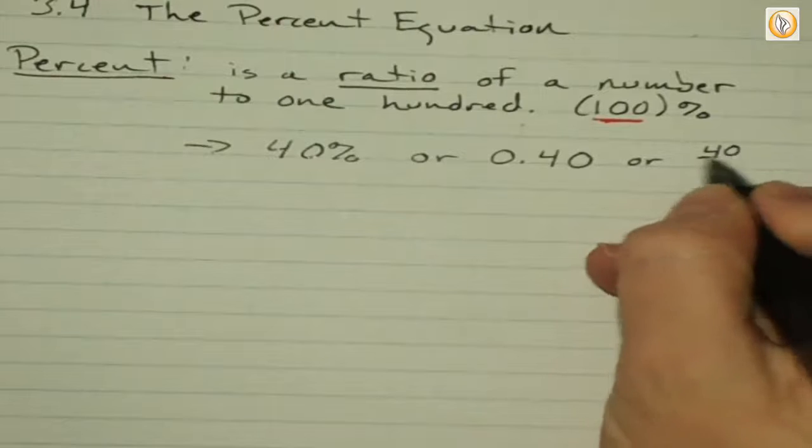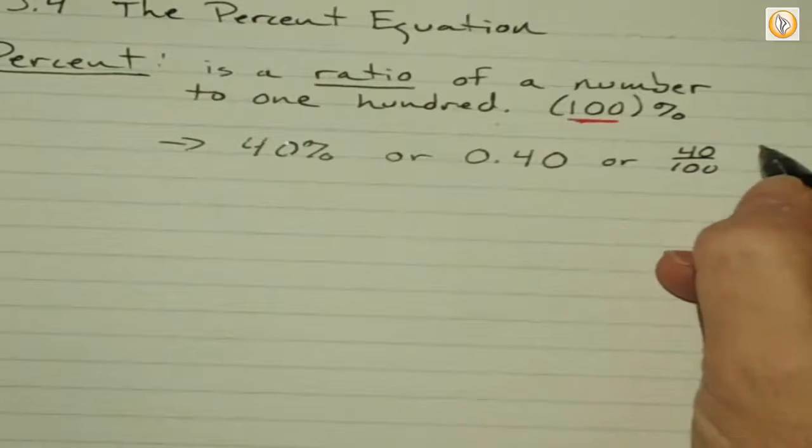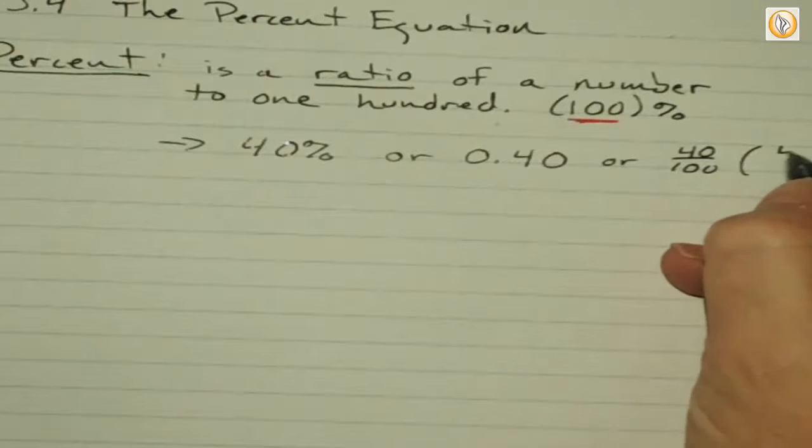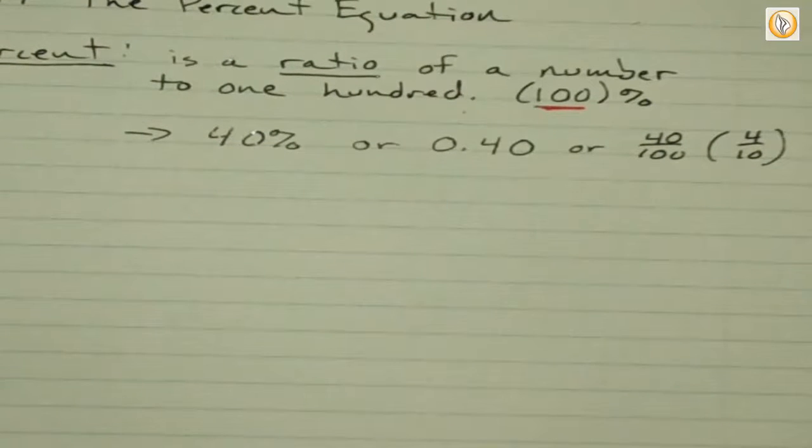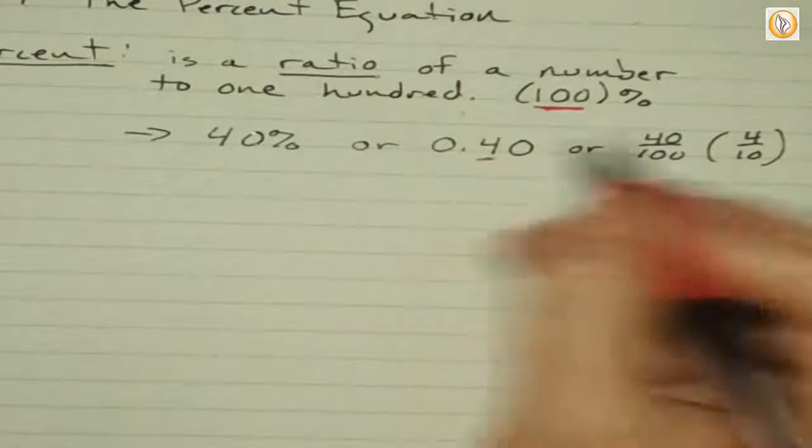Or 40 over 100, which is reduced to 4 over 10. That can also be reduced a second time. It's just stating what 40% would look like. Notice the 4 is in the tens place.